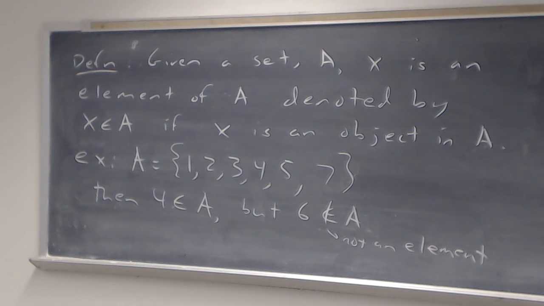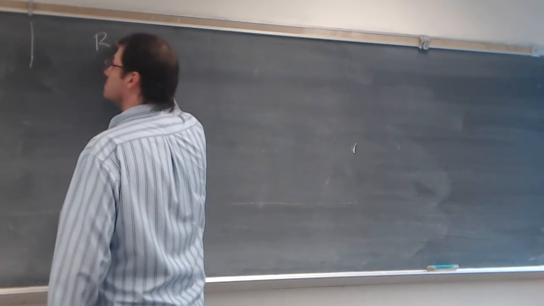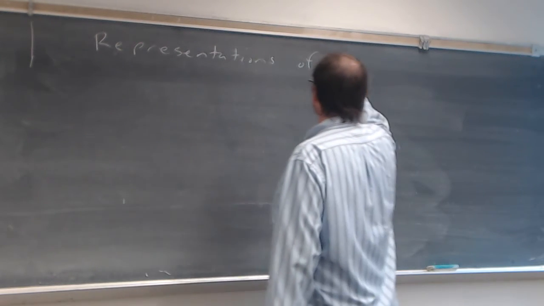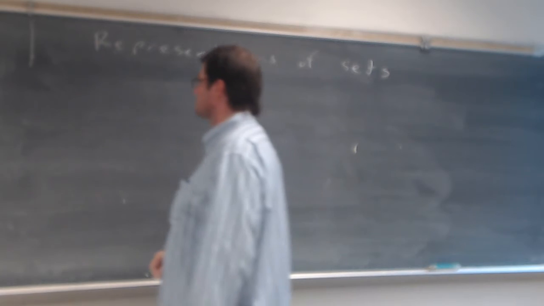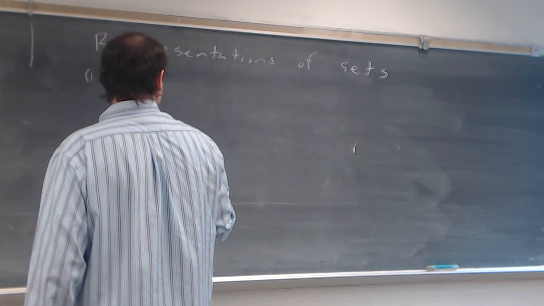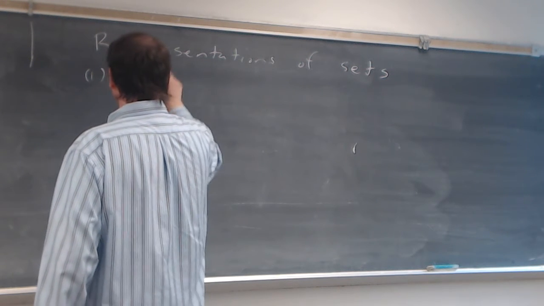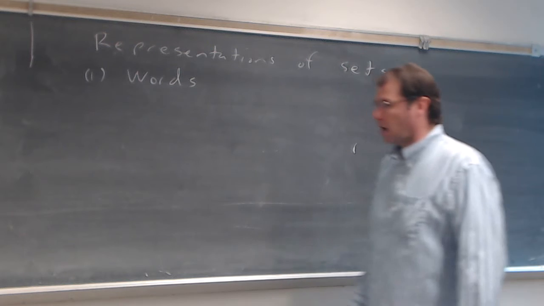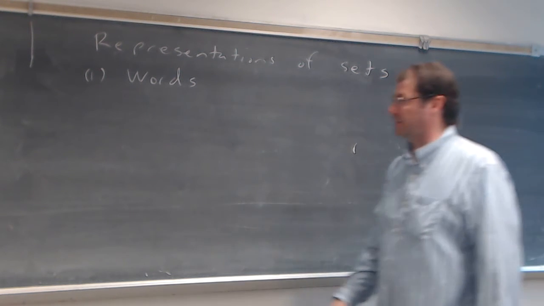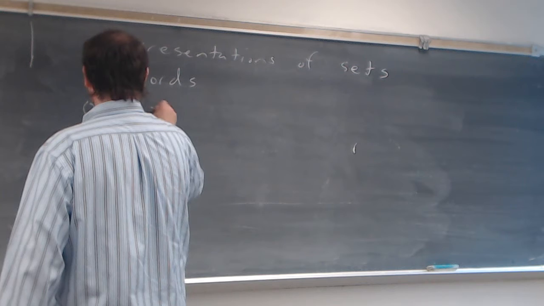Okay. The next thing I want to talk about is representations of sets. And so, in terms of representations of sets, we could use words, which we just saw, having the example of the collection of all people born before January 1st, 1950, as words describing the set. 2, we could have a listing of elements.